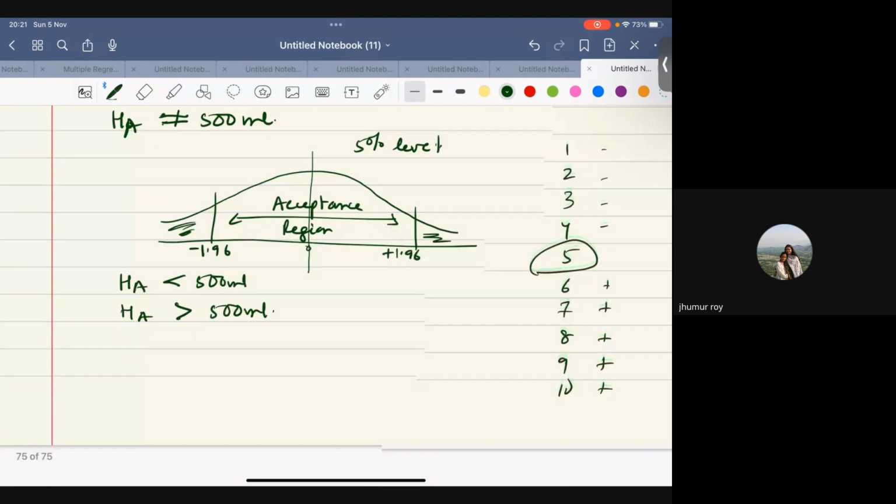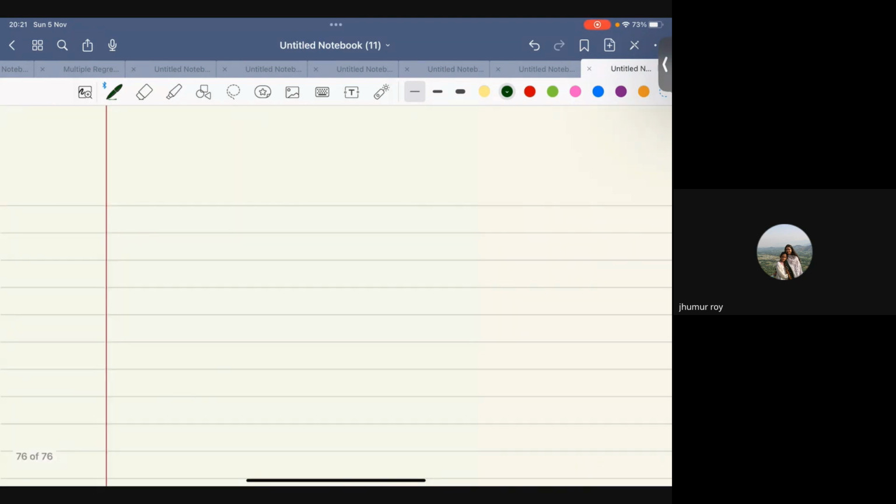Now, this is a very important question again. Let me just finish this, then I'll come back to it. When you're doing hypothesis testing, there are two types of errors which come. This is a very frequently asked question.